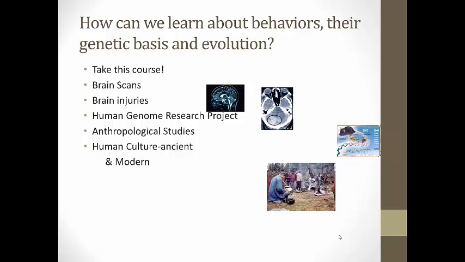Another way we make these connections is by looking at human brain injuries. When you have an injury to the brain and a particular behavior stops, you have evidence that that part of the brain that was injured is responsible in some way for that behavior.